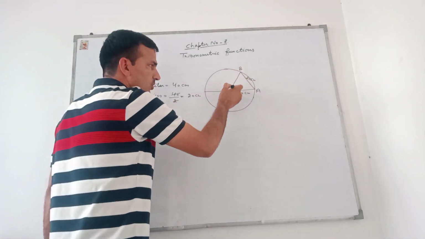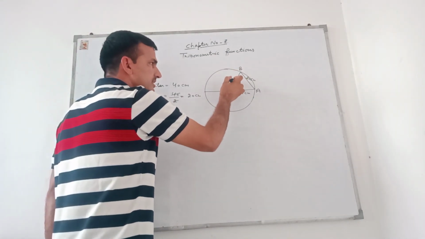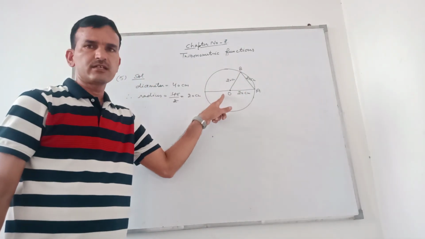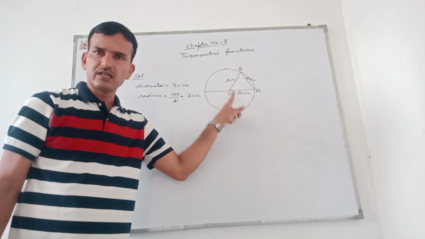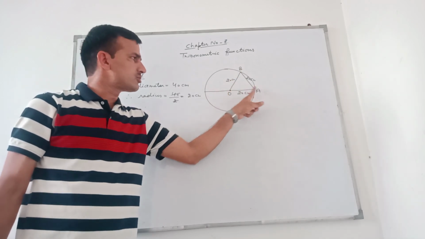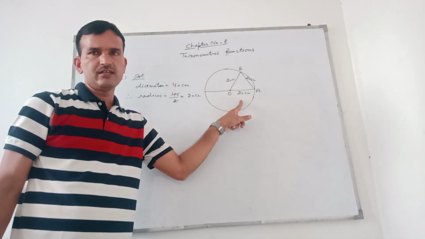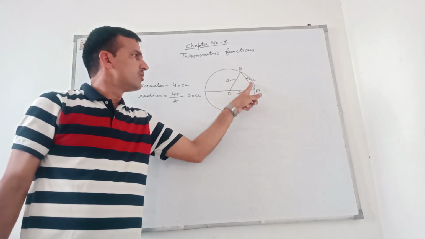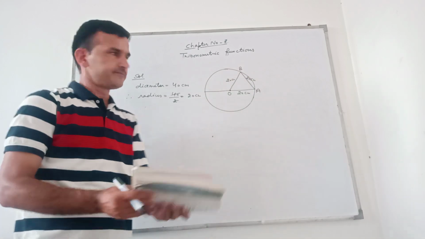Join B to O. This is also 20 centimeter. OB is also 20 centimeter because OB is the radius of the circle, and OA is also radius, and radii are equal in length. And AB is the chord of length 20 centimeter.